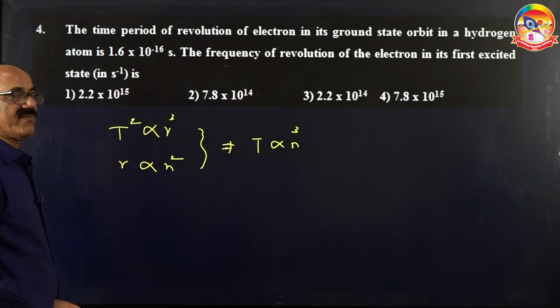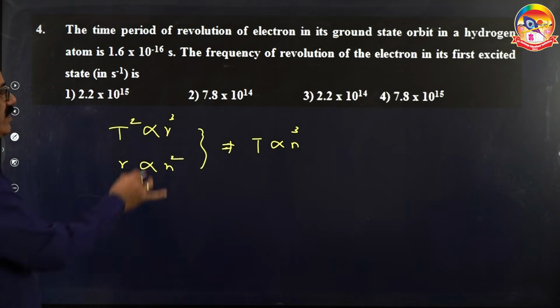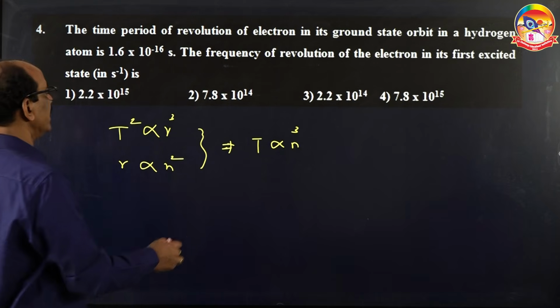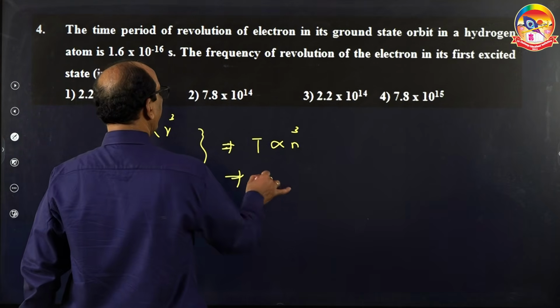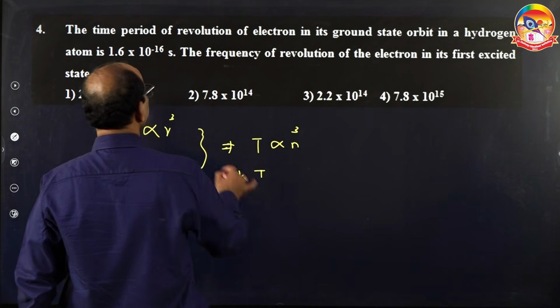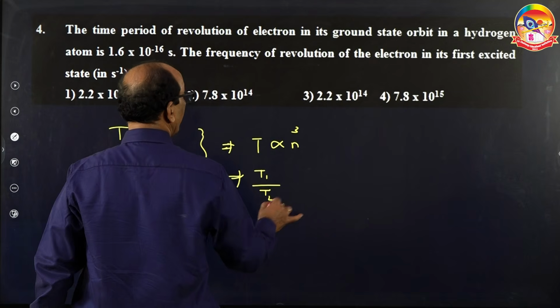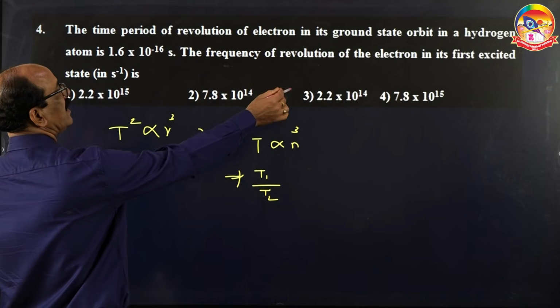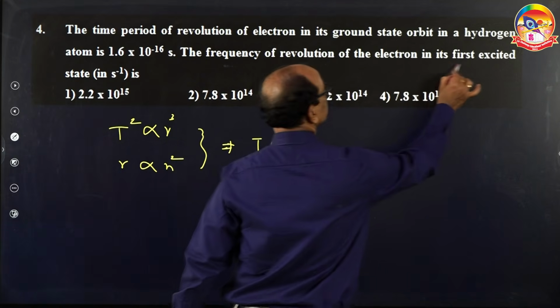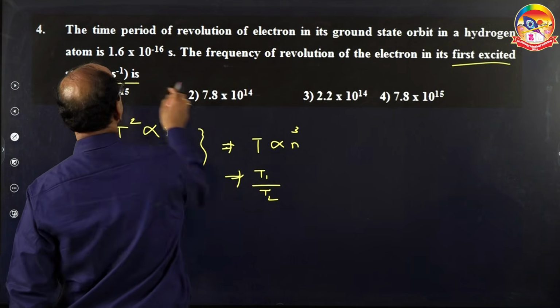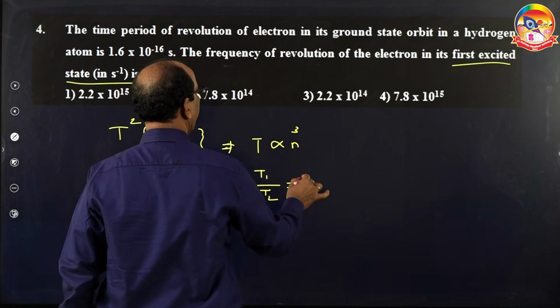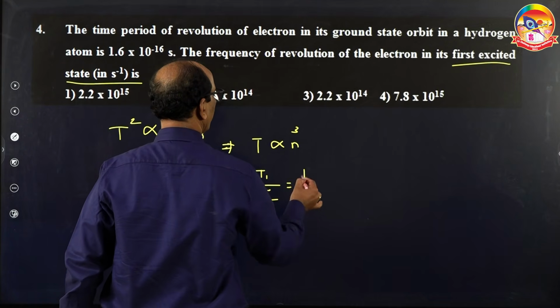The time period of revolution of electron in the nth orbit of hydrogen atom can be written this way. So the time period in the first orbit divided by the time period in the second orbit, because it is given to be the first excited state, can be taken as 1 by 2 cube.